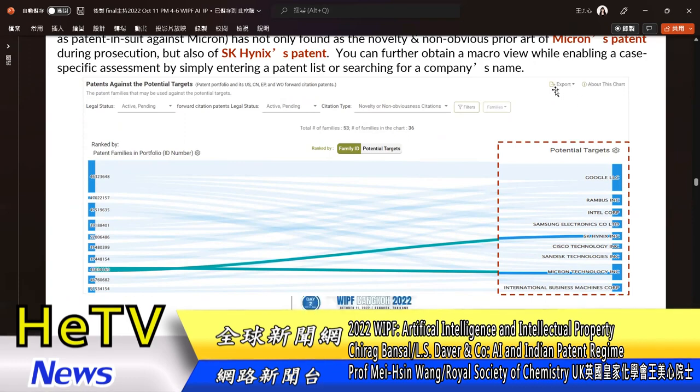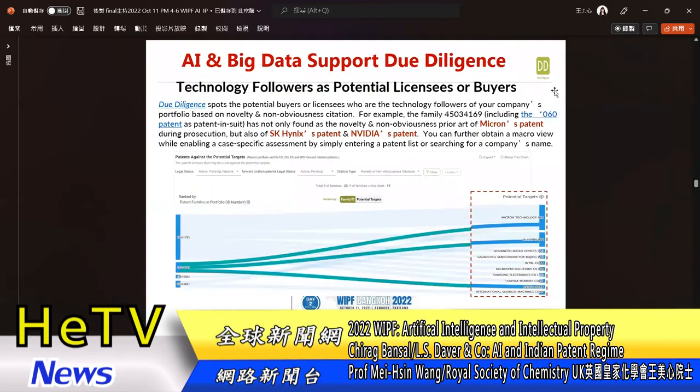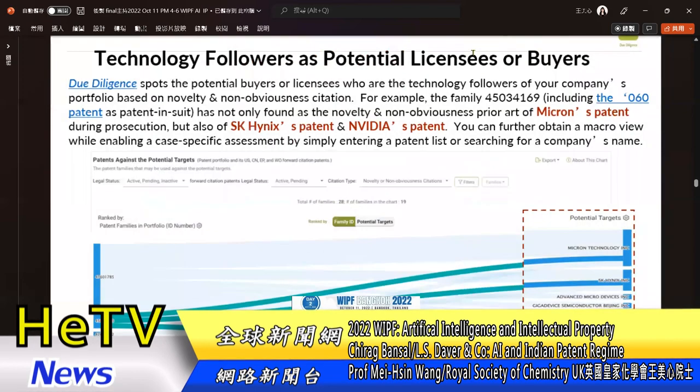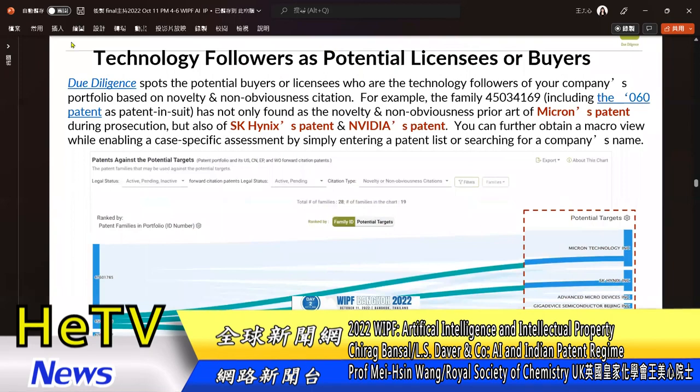And you can export a report, so it's very convenient. With a few clicks, for example, it will spot the potential buyer or licensor who technically follows your patents.